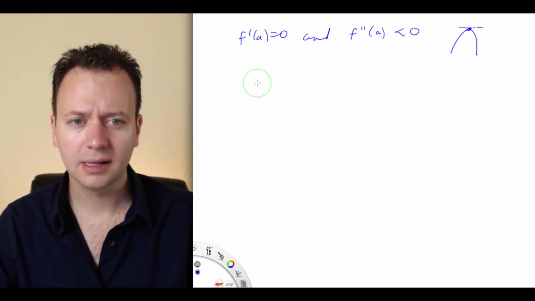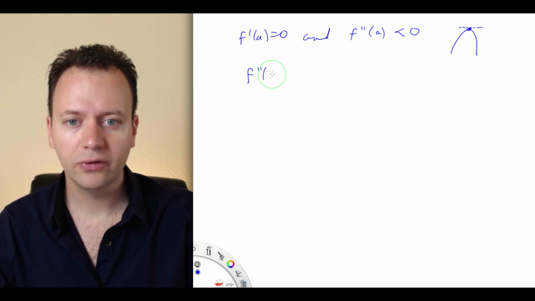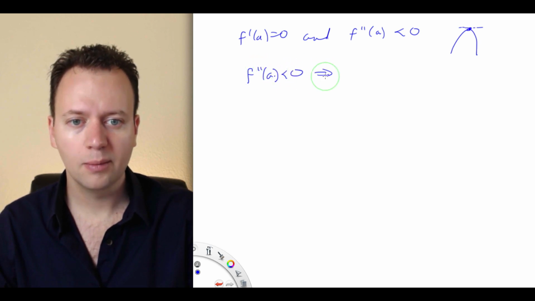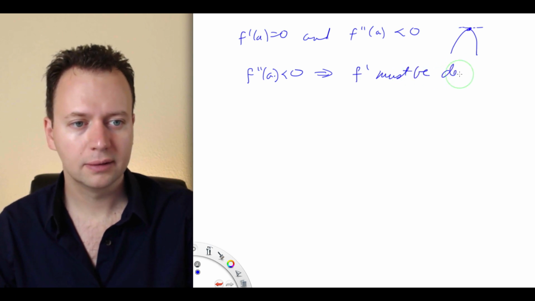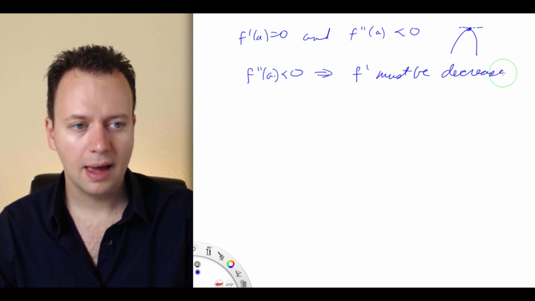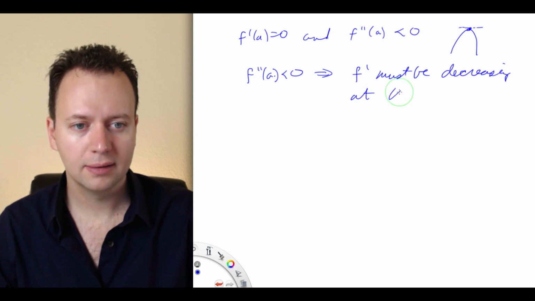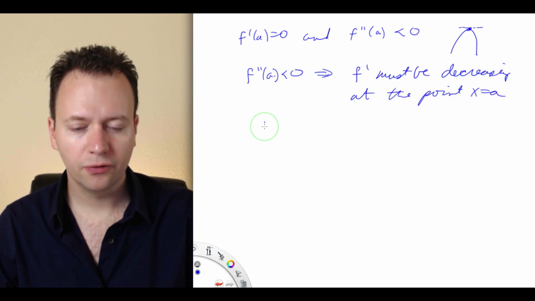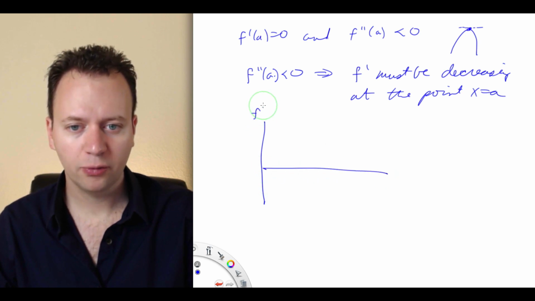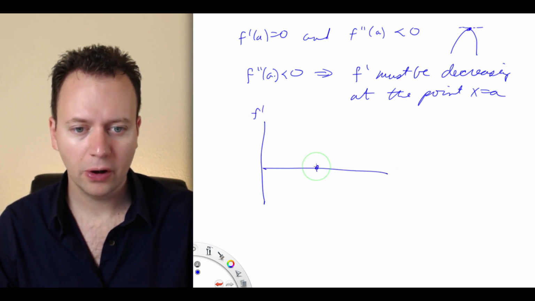To go into slightly more detail, the second derivative less than 0 implies that the first derivative must be decreasing, at least at the point a. So the first derivative, f prime, we know that f prime of a is 0, so it has to be decreasing through 0.